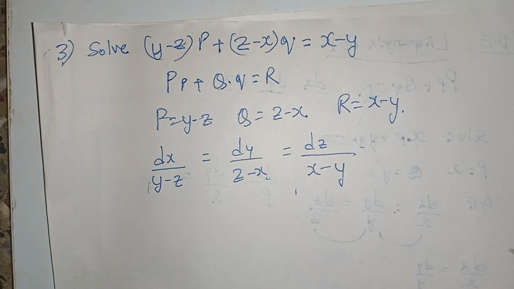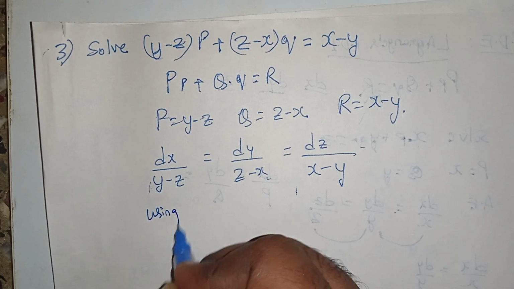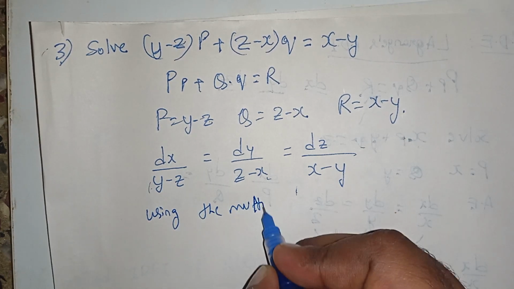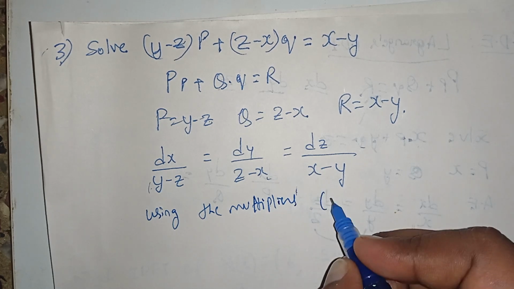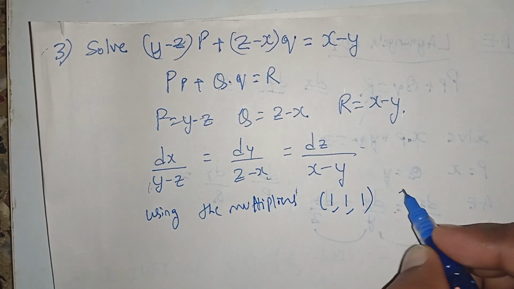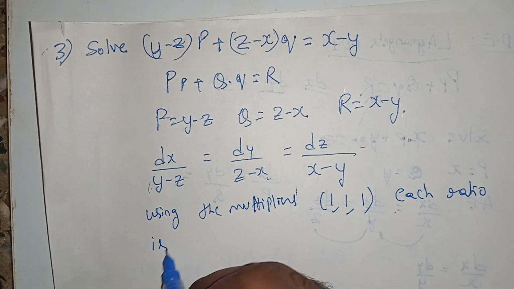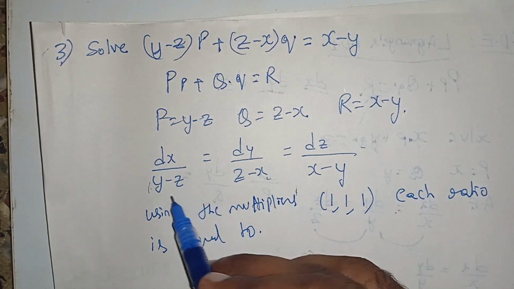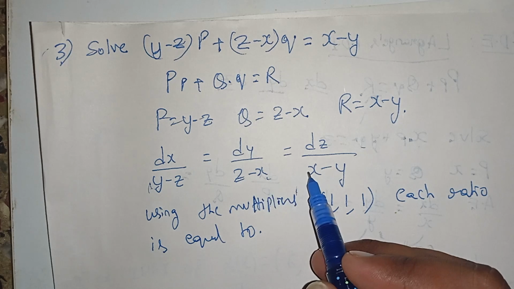Like that, how many cases? So using the multipliers 1, 1, 1, each ratio is equal to, so if I use 1, 1, 1, that is 1y, 1z, 1z, 1x, 1x, 1y.